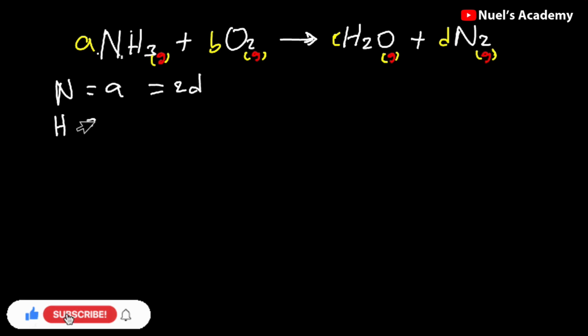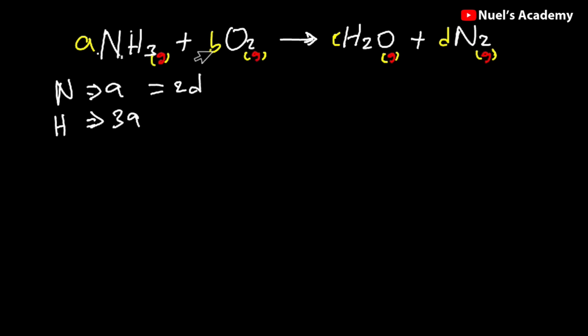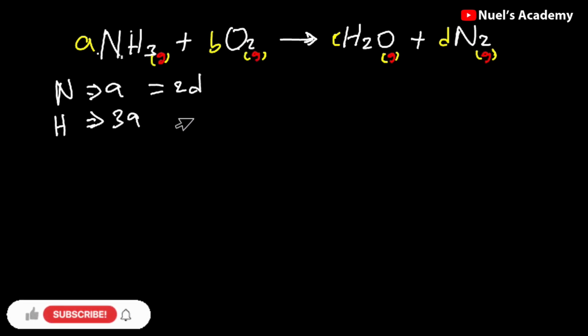For hydrogen, we have three atoms of hydrogen here, and the mole is A, so we have 3 times A. There's no other hydrogen here, so we write equal to. Now for the product side, we have 2 atoms of hydrogen here, and the number of moles is C, so we write 2 times C.